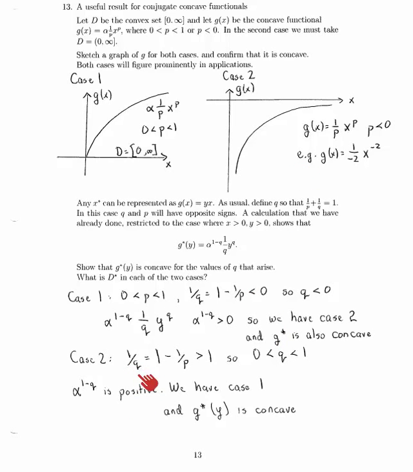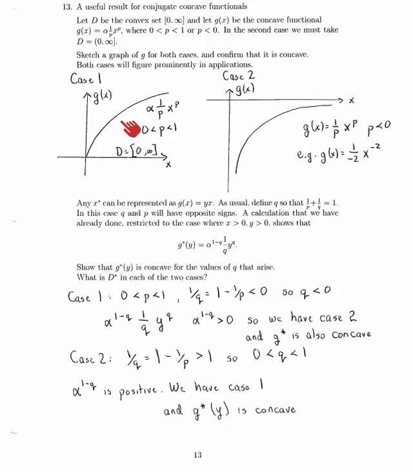Sure it does. In case 2, where q is derived from a negative value of p, 1 over q is 1 minus 1 over p. Well, p is negative, 1 over p is negative, this term is positive, and we're going to end up with something that is greater than 1. That means that q is going to be a positive number less than 1.